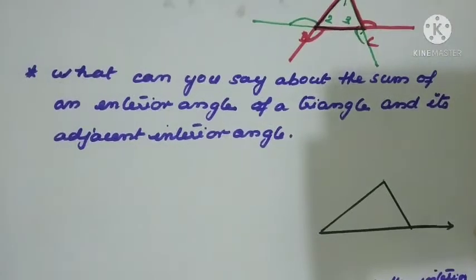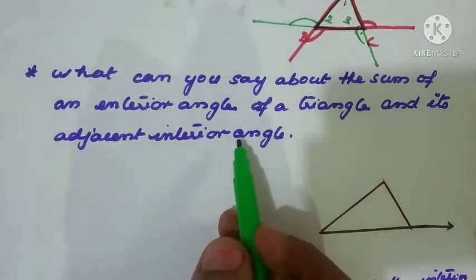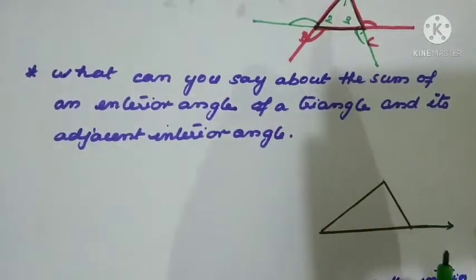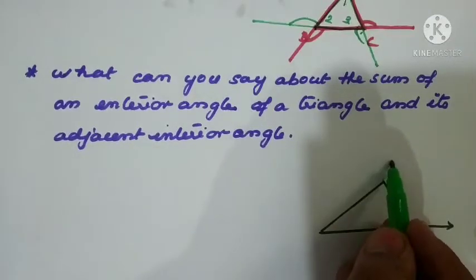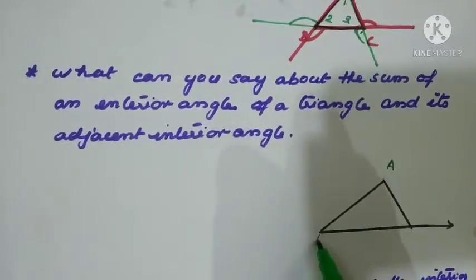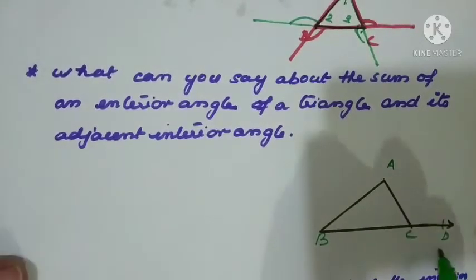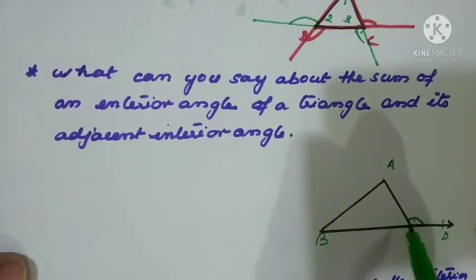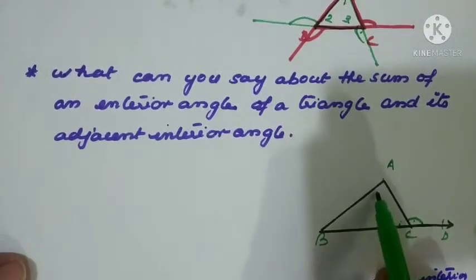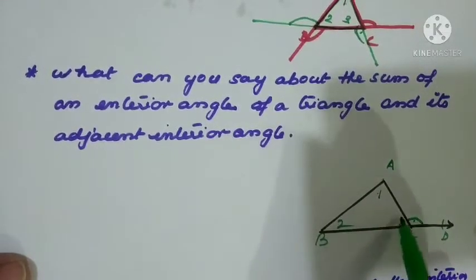What can you say about the sum of an exterior angle of a triangle and its adjacent interior angle? So when we have a triangle ABC with D extended, ACD is the exterior angle we have taken. Now the question is what you can say about ACD and the adjacent interior angle. The interior angles are 1, 2, 3 only. So 3 is adjacent to angle ACD.